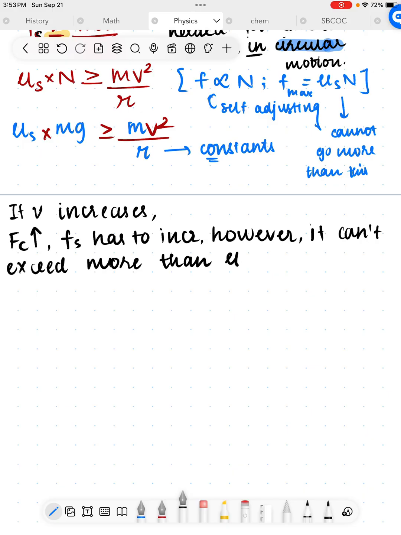Mu s into n now. So this is the max value of friction. So this also becomes a constant for us, because it can't increase. It can decrease, right? Its upper limit is fixed.